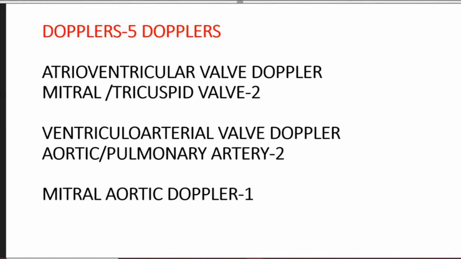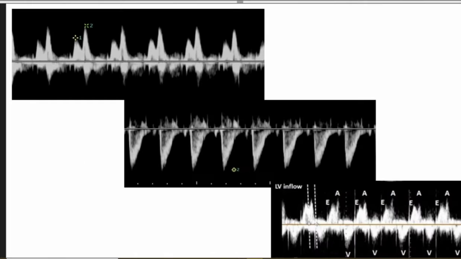The 5 Dopplers which we need to do are the mitral Doppler, tricuspid Doppler, aortic Doppler, pulmonary artery Doppler, and mitral aortic Doppler. So 2 atrioventricular valve Dopplers, 2 ventriculo-arterial valve Dopplers, 1 atrioventricular Doppler or mitral aortic Doppler.